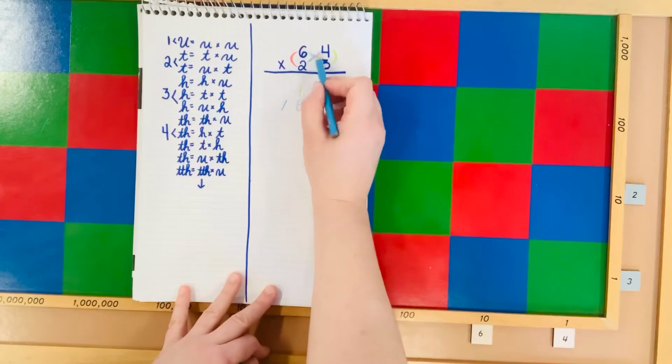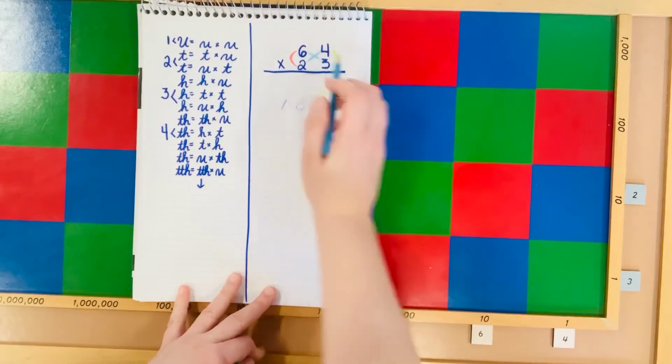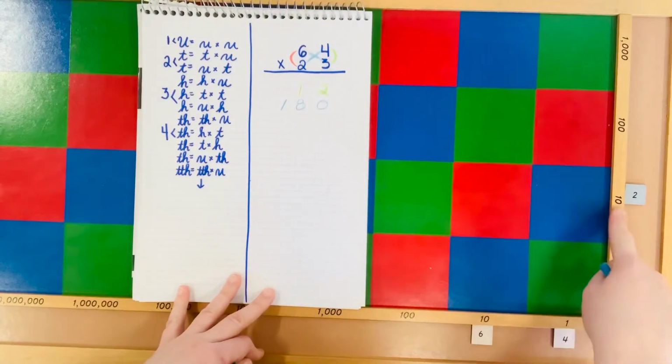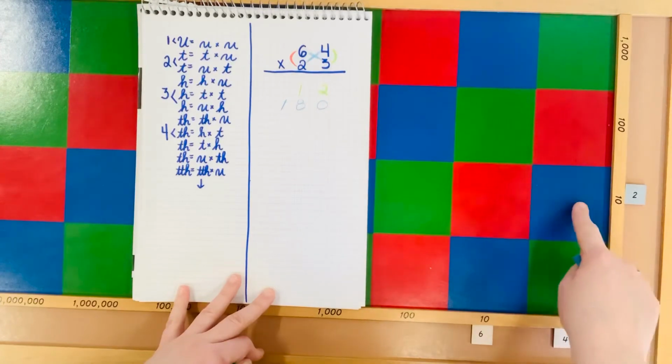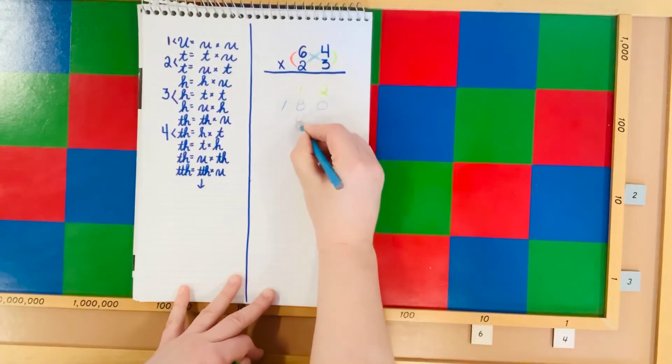I have another blue line, so let's do that one. 2 tens times 4 units. So that'd be right here. Tens times units. 2 times 4 is 8. So my answer would be 80.